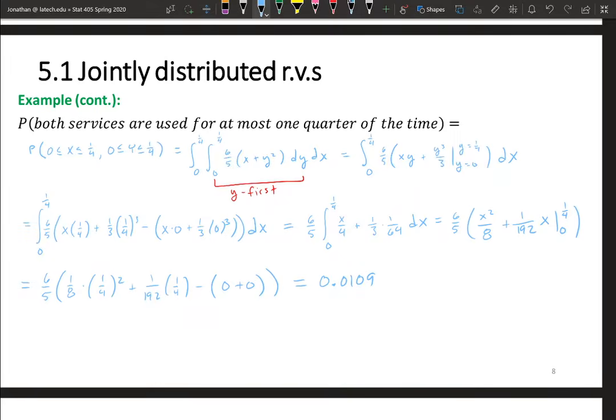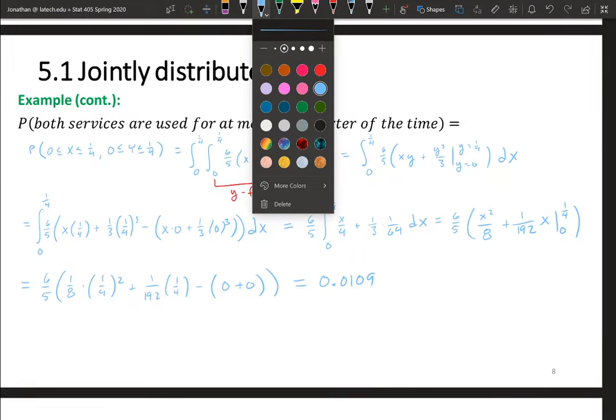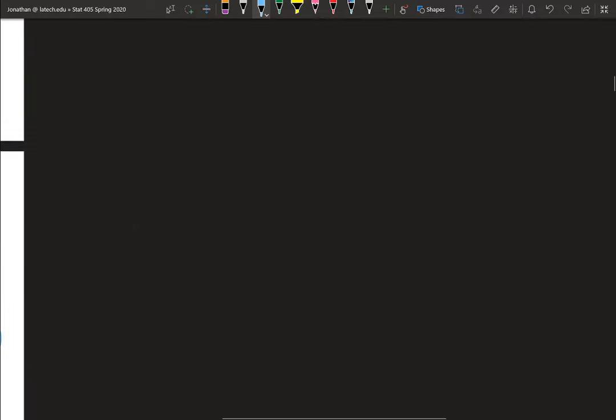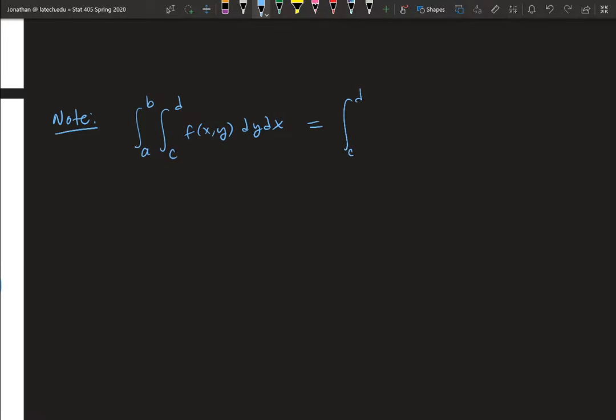So I'll just make a note. Let's pull that over, make a note. The integral from a to b, integral from c to d, of f of x, y, dy dx is equal to the integral from c to d, integral from a to b, of f of x, y, dx dy.